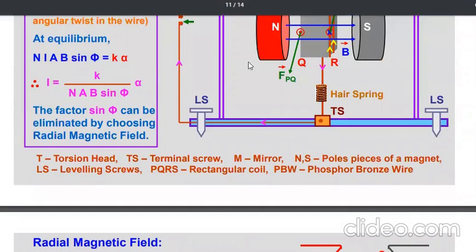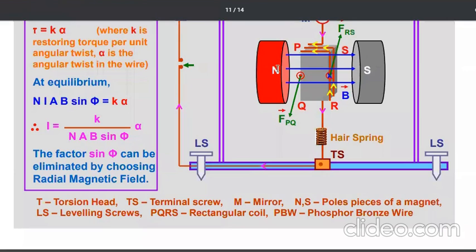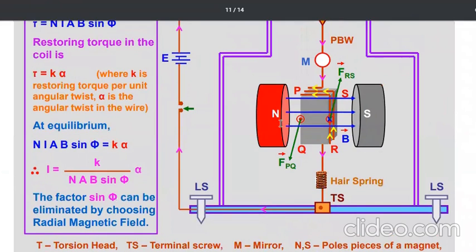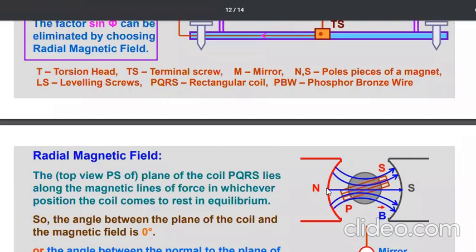Now in place of these plain circular poles, in order to eliminate this factor sin phi, we replace this uniform field with a radial magnetic field. You see here horseshoe north pole and horseshoe south pole.